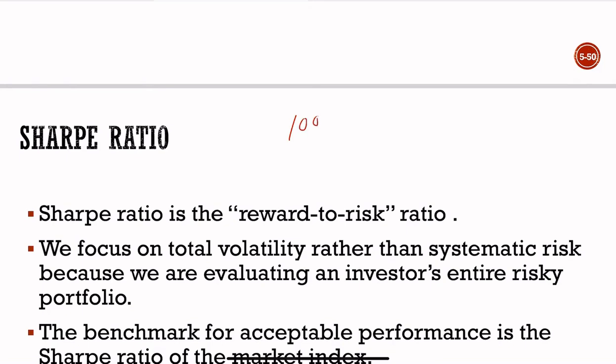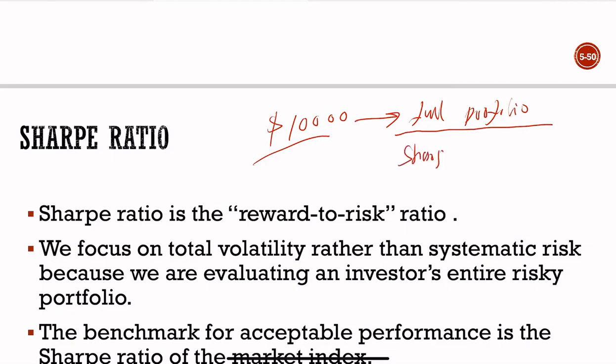Let's say you have $10,000 and you have used up this $10,000 to build a portfolio. So this is your full portfolio. And now you want to evaluate this full portfolio's performance. In this case, using Sharpe ratio is a good choice.